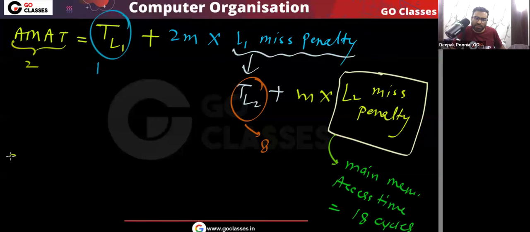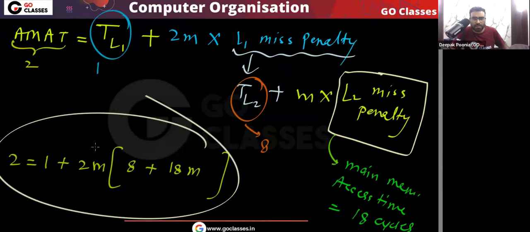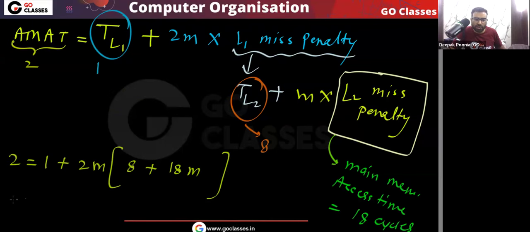So you can see the equation that we got, that is 2 equal to 1 plus 2M multiplied by, inside what we have, 8 plus M into 18, or I can say 18M, correct? So let's simplify this. What we will get?